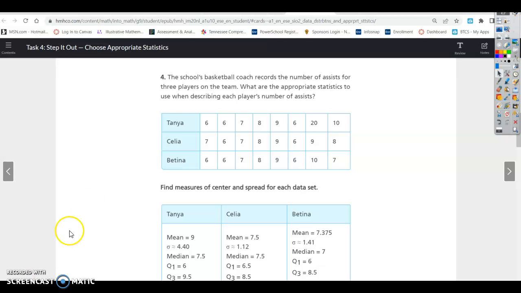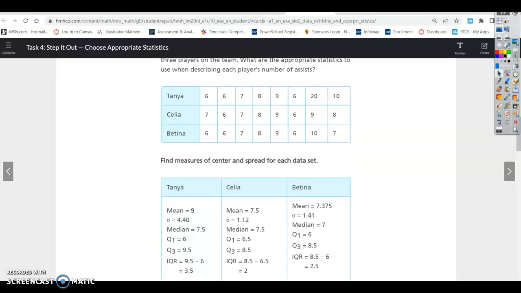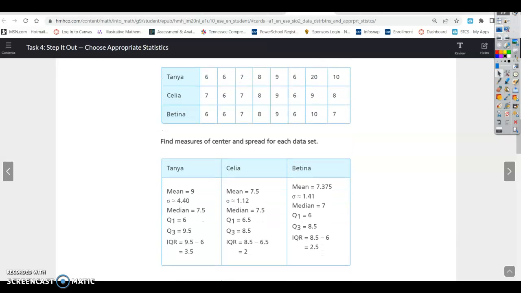All right, so we have 3 players here: Tanya, Celia, and Bettina. I think that's correct. If I pronounce those wrong, I'm sorry. All right, so it says find measures of center and spread for each data set.